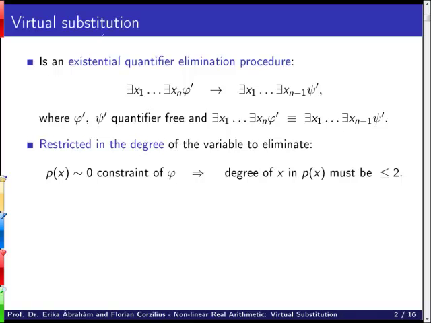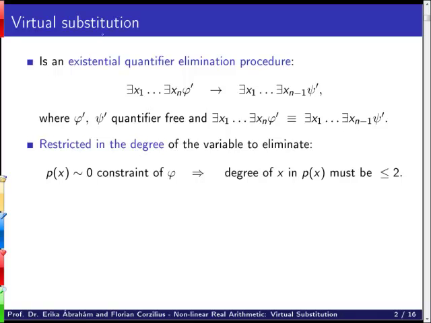Here you see mainly the same as you have seen before in the slide. We want this procedure to be capable of eliminating one variable after the other, so xn first and so on. And if there's no variable in sight anymore, then you can easily decide whether this formula holds or not, because there are just constraints left, like 0 equals 0 or not 0 and so on.